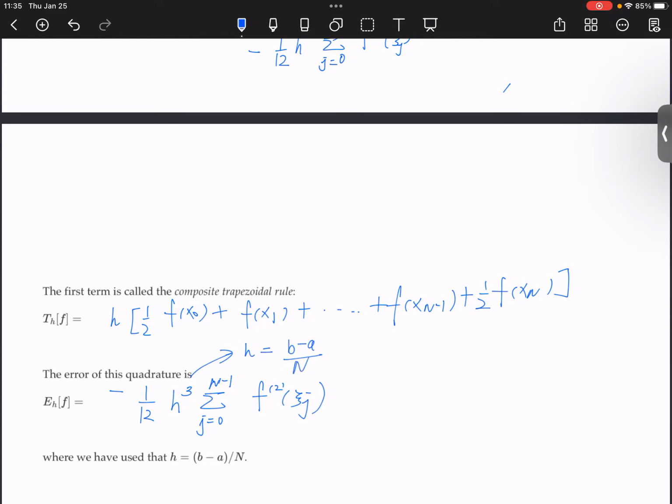So we take out one h, and we get 1/12 h squared, times (b minus a), times 1/n, times the sum from j equals 0 to n-1 of f second derivative at c_j. I am doing this on purpose to rewrite these terms and make the error term look simpler.